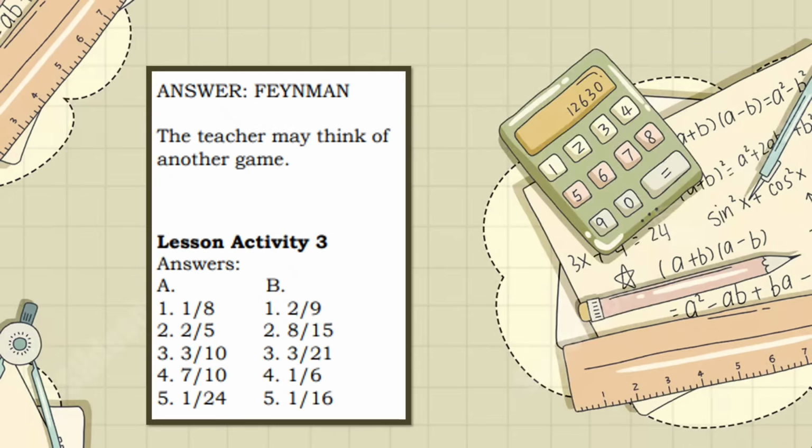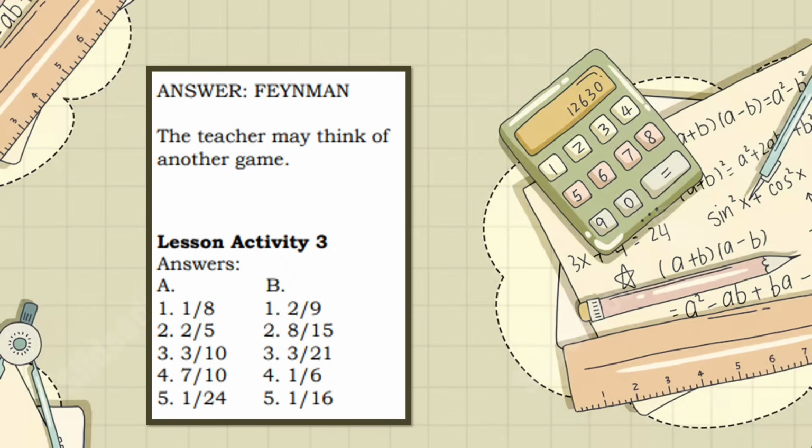Alright, so let's check if you finally helped Princess Hannah to escape from the bad wolf. And okay, we have here the answers for lesson activity 3. So even if we have the answers here, please try to solve, okay, and follow the solution.